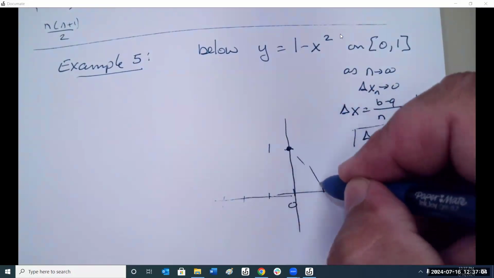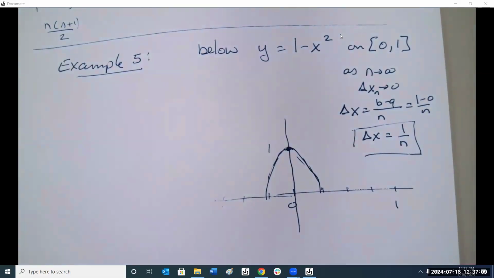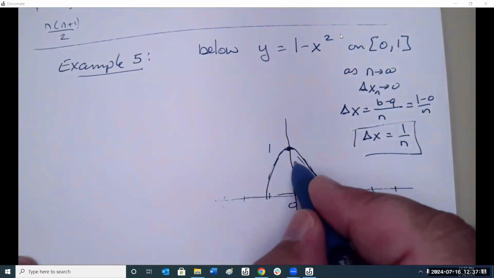So it goes like this. It's a downward parabola. And we only want this area.